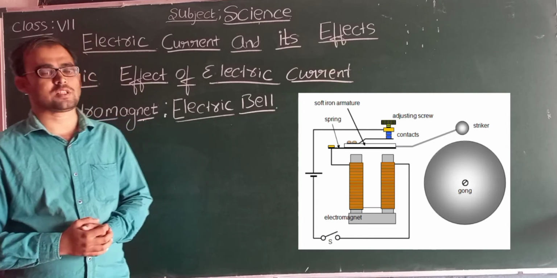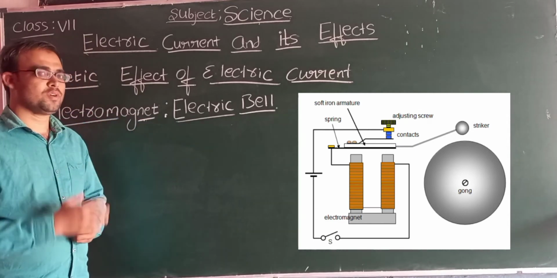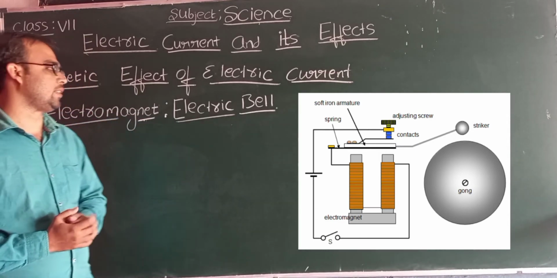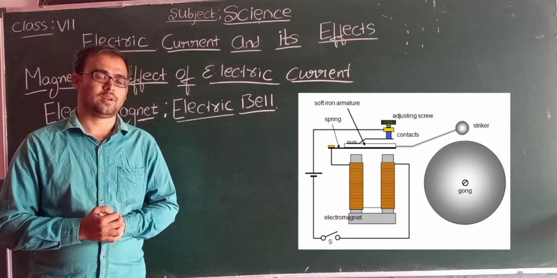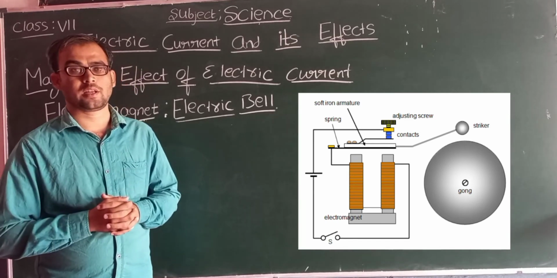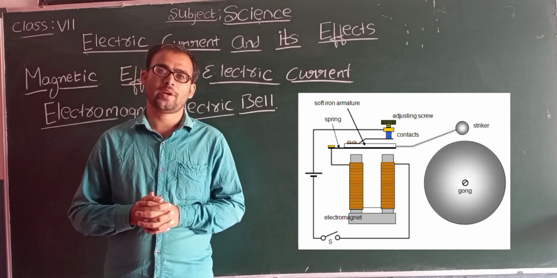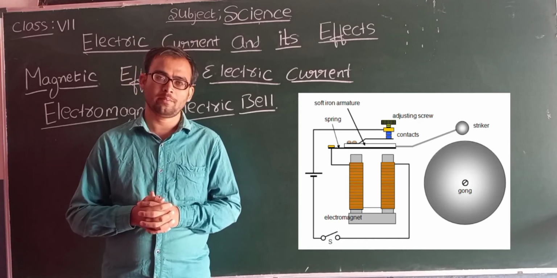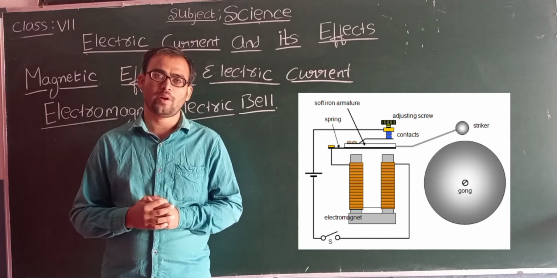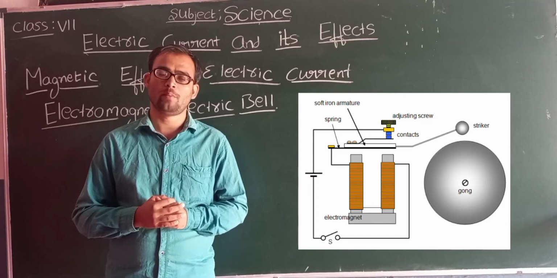Students, now let us discuss one of the devices which works on the concept of the electromagnet, that is the electric bell. An electric bell consists of a coil of wire wound around an iron piece. This coil of wire will act as an electromagnet.